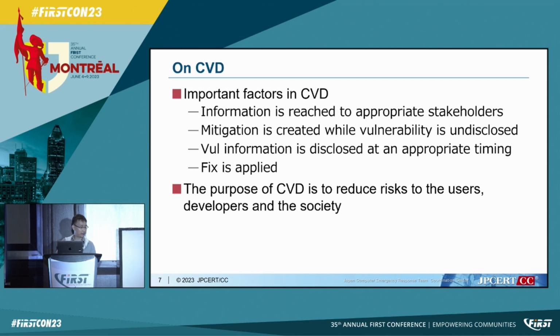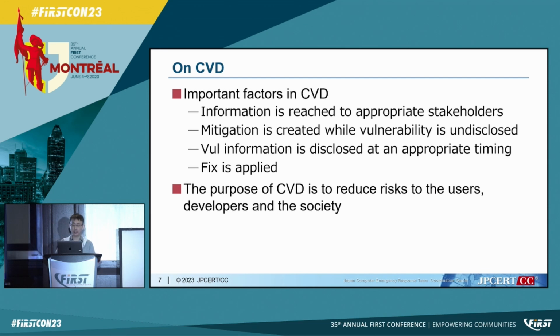And other factors: mitigation is created while the vulnerability is undisclosed. Vulnerability information is disclosed at an appropriate timing. These are important as well. Because in CVD, the vulnerability information is kept secret from the public while the mitigations or remediations are being created.